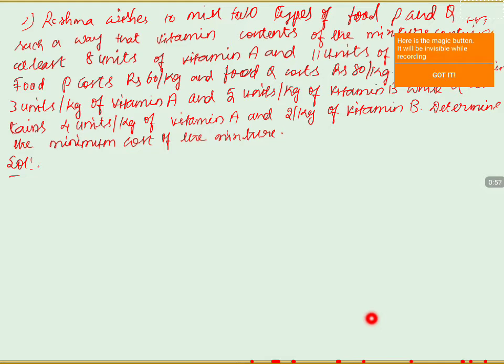Alright. So this is the problem, and we can see that there are two types of foods as usual, food P and food Q. How many units of food P and Q are prepared we don't know. First we will assume it as x and y.